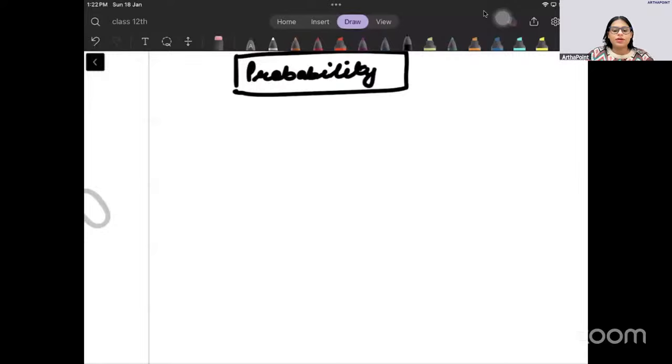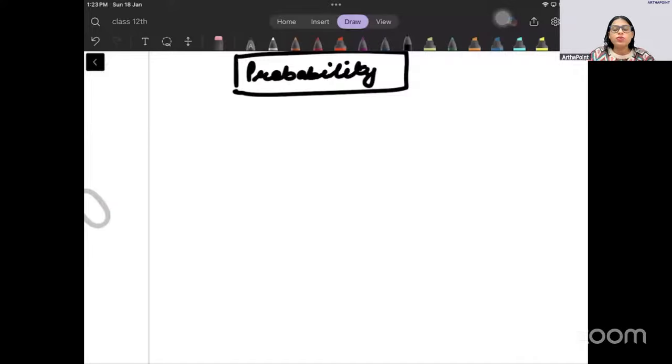Okay, so let's begin with probability. Probability is by far the most tricky topic in statistics, and it is one of the most commonly asked topics. Whether it is IIT, GATE, CUET or ISI, probability is most often asked, but the difficulty level keeps changing.